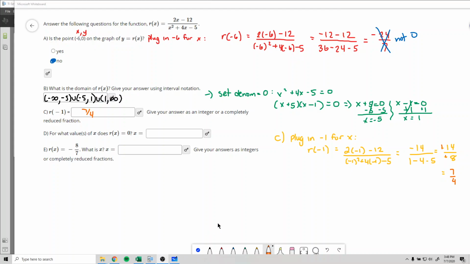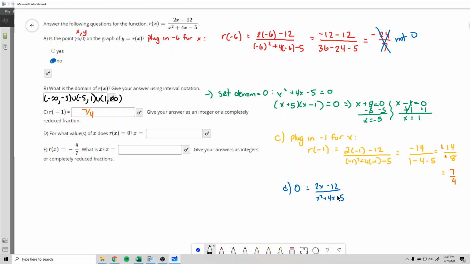Part D asks, for what values of x does r of x equal 0? Now, what this is asking us to do is plug in 0 for r of x. So we got 0 equals 2x minus 12 over x squared plus 4x minus 5. Now to solve for x here, we have a fraction. We want to get rid of the fraction.